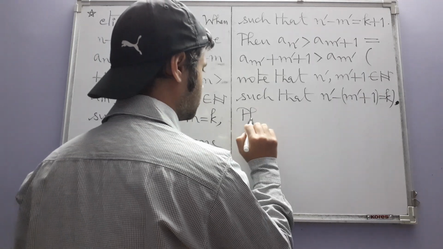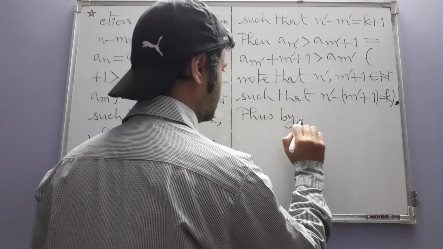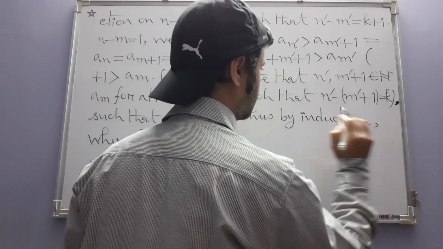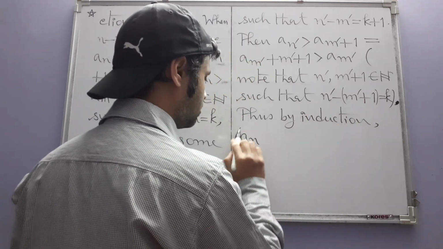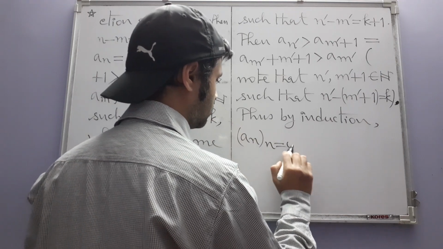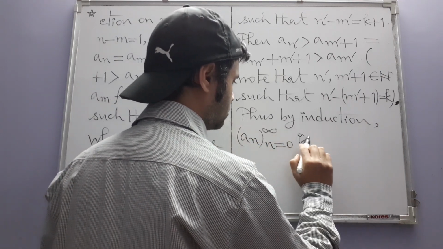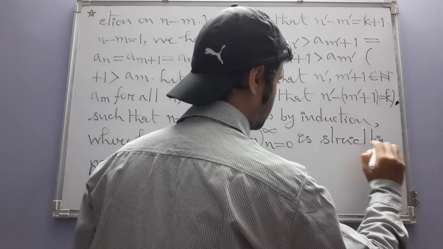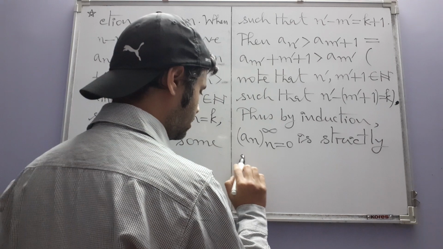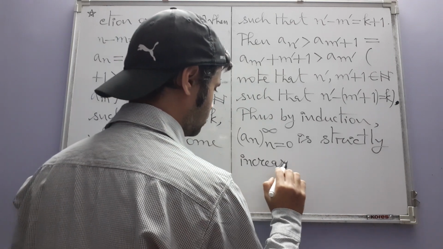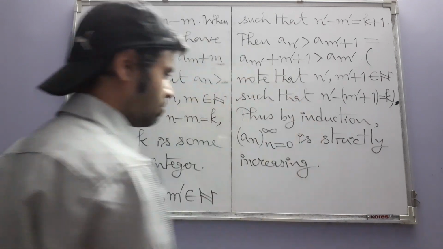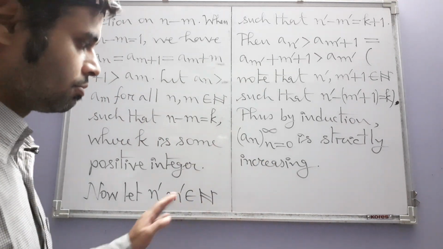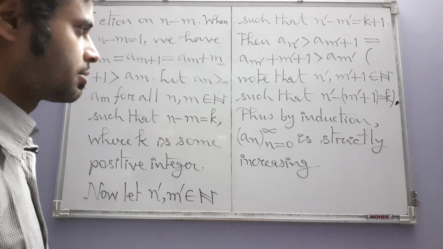Thus, by induction, a_n is strictly increasing. Okay, so we have in fact shown what we wanted to show, or what the author claimed in the text.